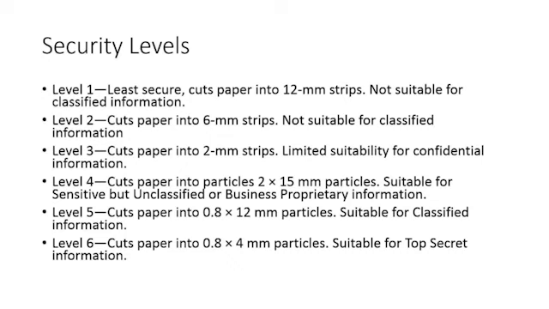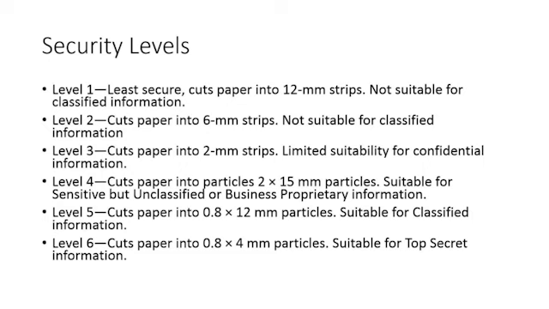Now, there are different security levels that you may have to have, again according to your organization, if you work for the military, government, your enterprise, your organization, or just your home. So we have levels 1 through 6. Level 1 is the least secure. It cuts paper into 12mm strips.